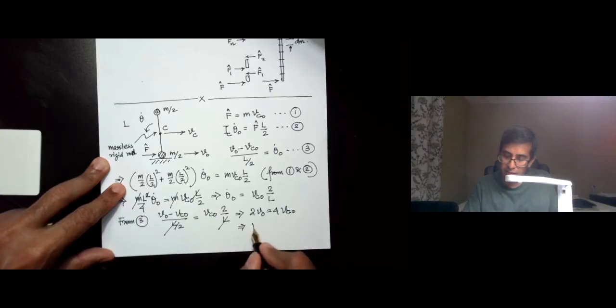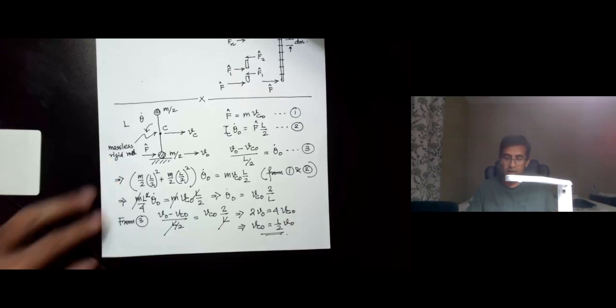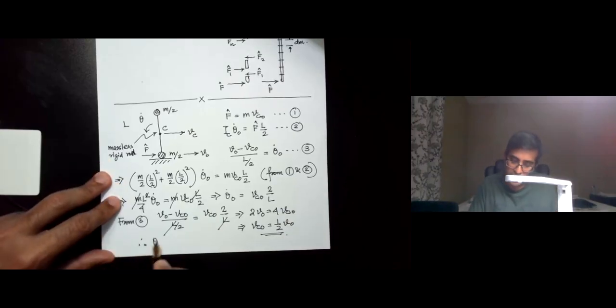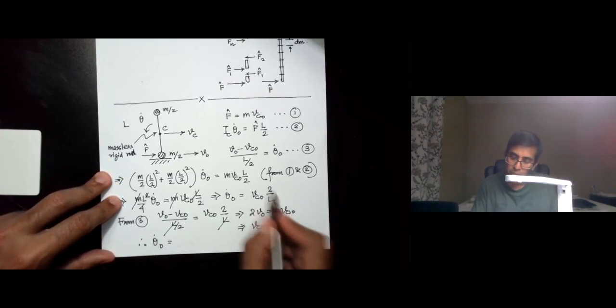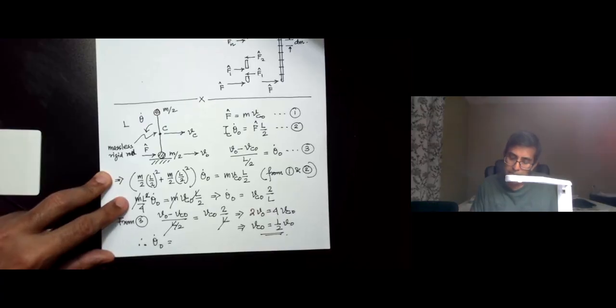In other words, Vc naught becomes half of V naught. Okay, and therefore theta dot naught becomes V naught divided by L.